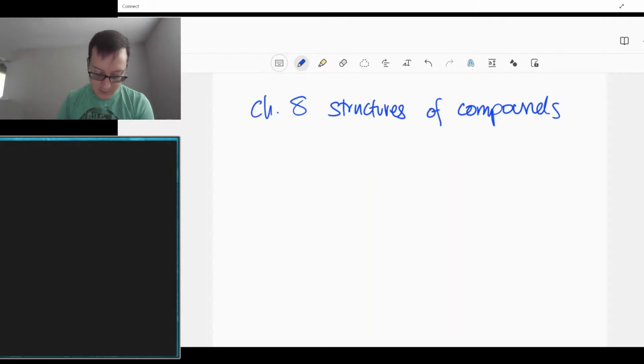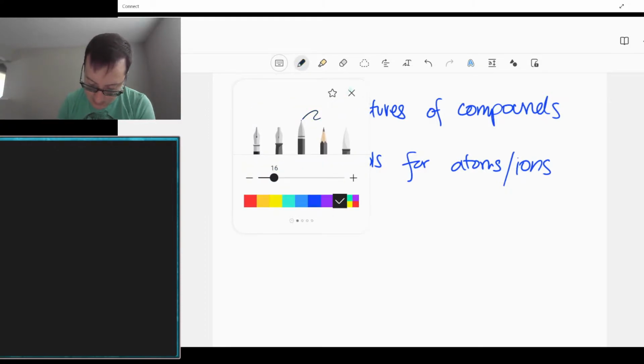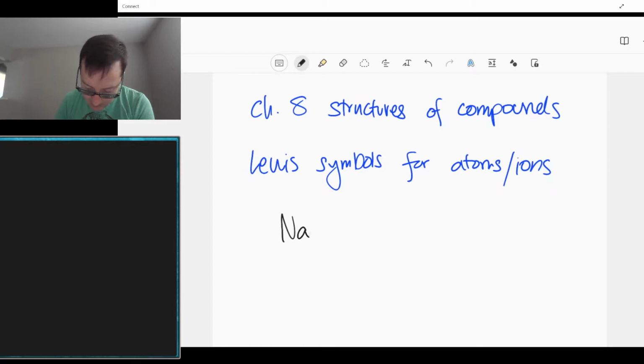The first thing we want to do is talk about Lewis symbols for atoms and ions. How we typically do this is we take a particular atom and indicate its valence electrons on it.